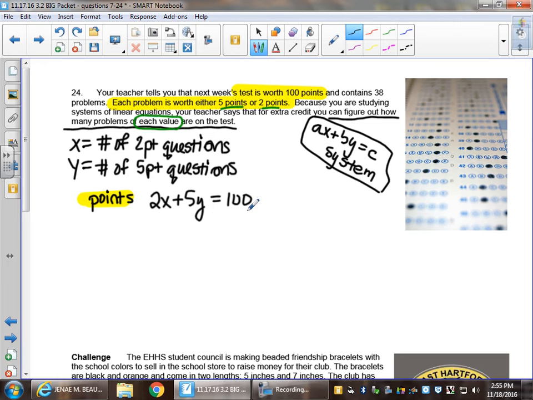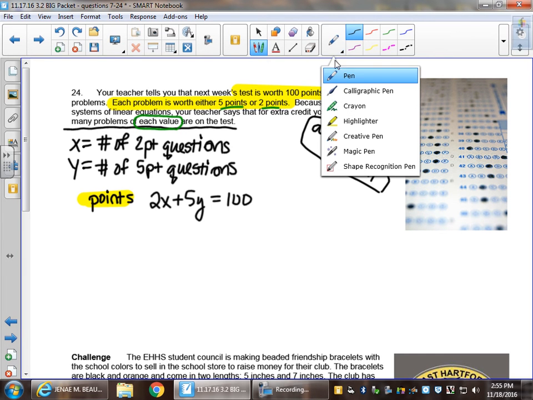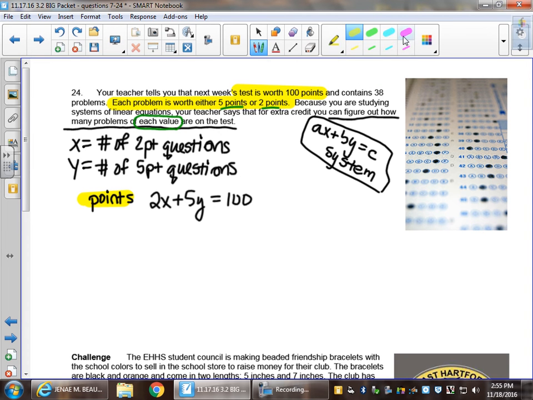Just to go over that one more time, 2 points times the number of 2-point questions plus 5 points times the number of 5-point questions gets me 100 points. Remember, whatever's highlighted is now off limits. We've already used it. So we must have some other piece of information we can use to help us out.